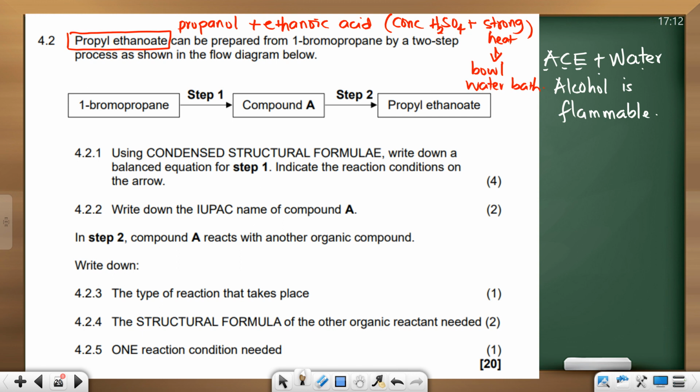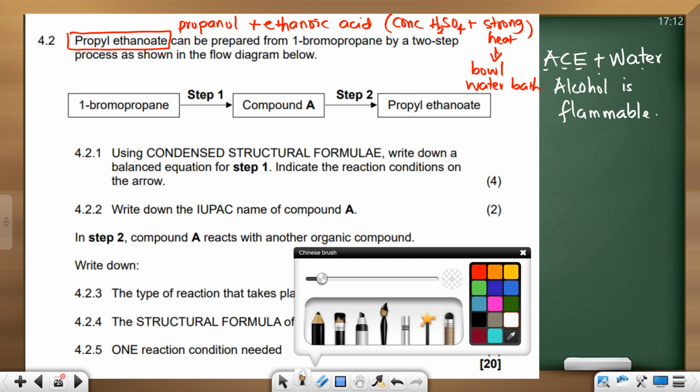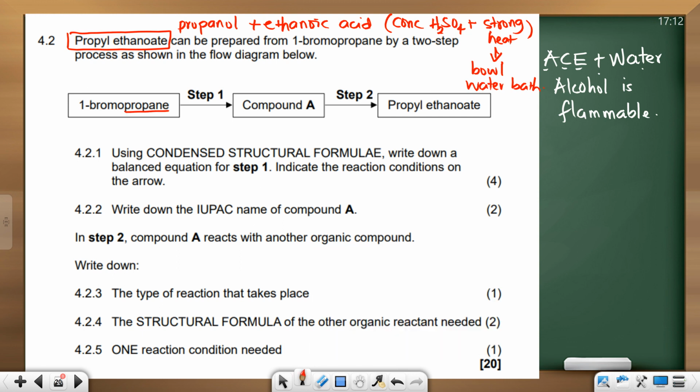Okay, now, guys, check how I'm going to get my answer. I want us to study and just play with it. To play with it, you must know the first one. Propanol. I already see something here. Do you see that? I have 1-bromopropane. Let's write that.